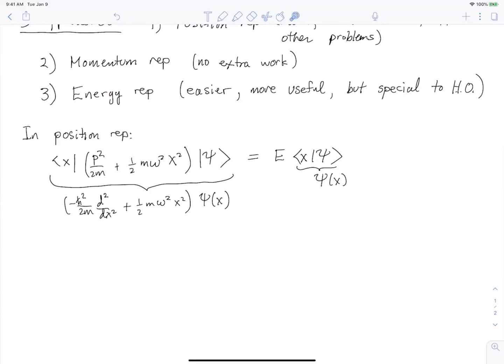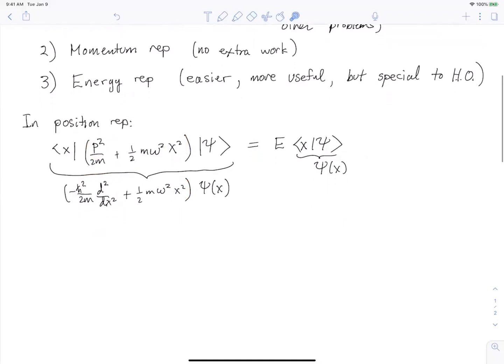So notice we've changed the x squared the operator into x squared the number. We've changed p squared the operator into minus h bar squared 2 derivatives with respect to the number x squared. And that's all because now we're acting on wave functions rather than kets. That's what it means to go to the position representation.